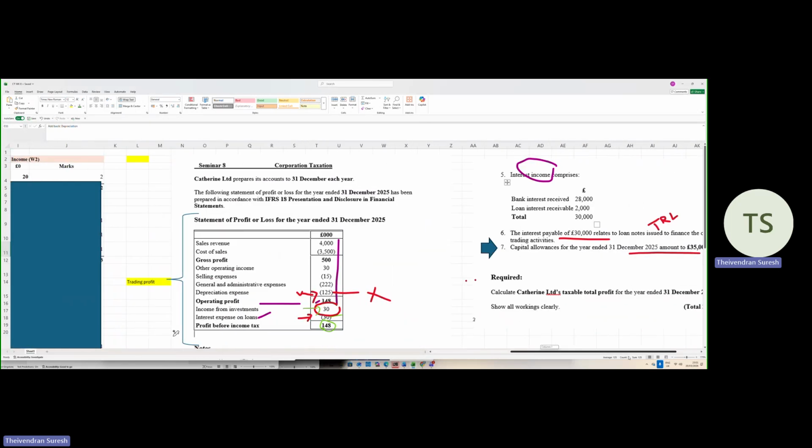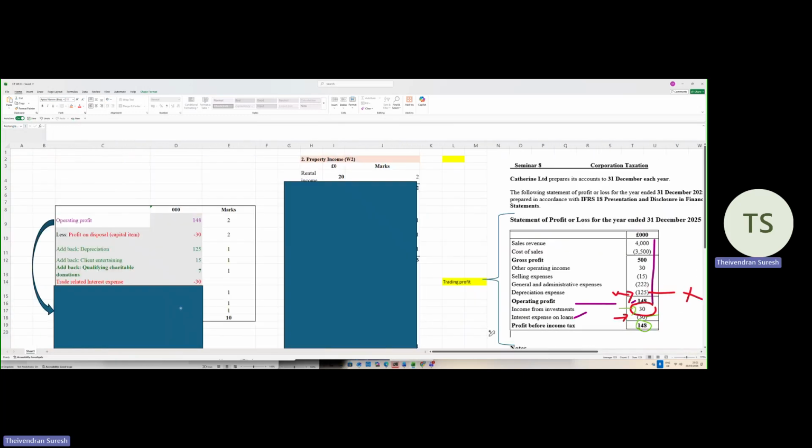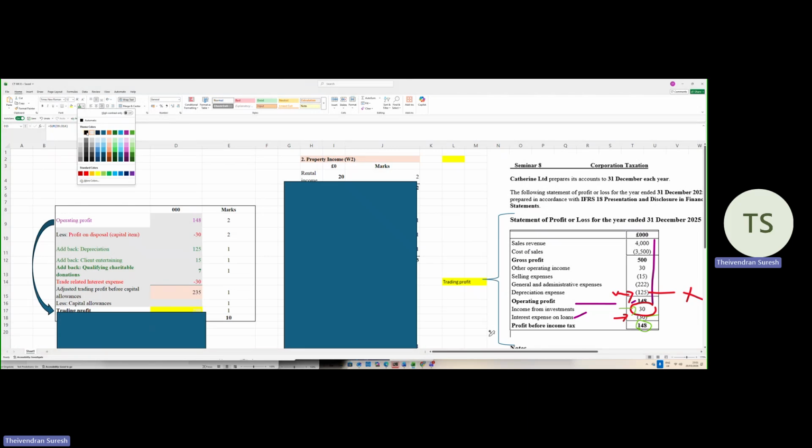Because we have added back the accounting depreciation, we need to deduct the tax depreciation, which is an allowable expense, as capital allowances. Once we arrive at this figure, we get the total: 148 minus 30, 125, 15 and 7, and minus 30.